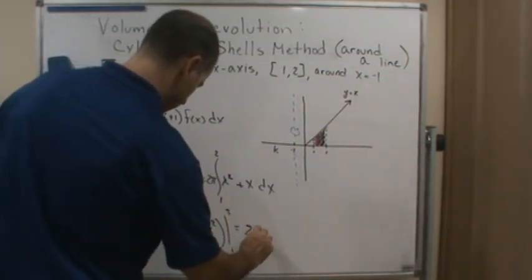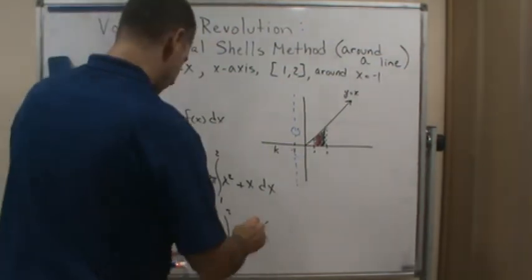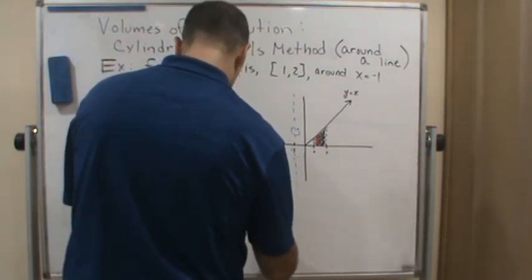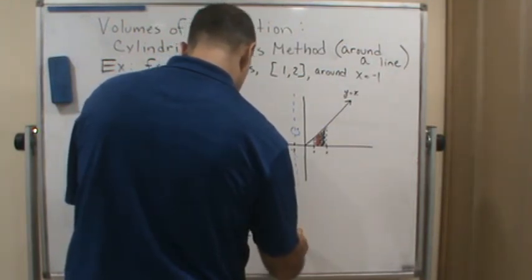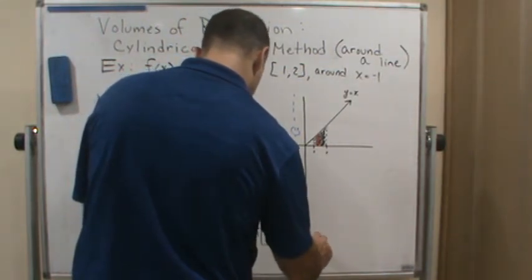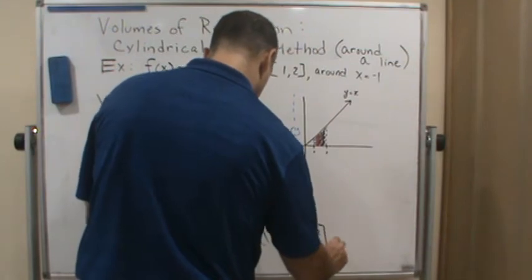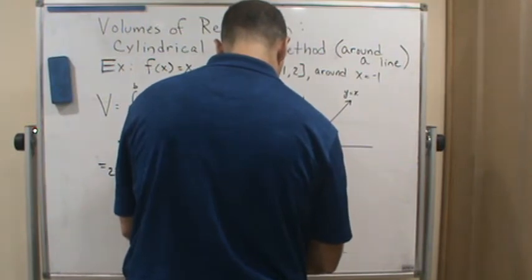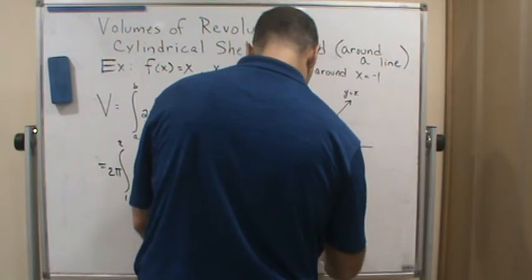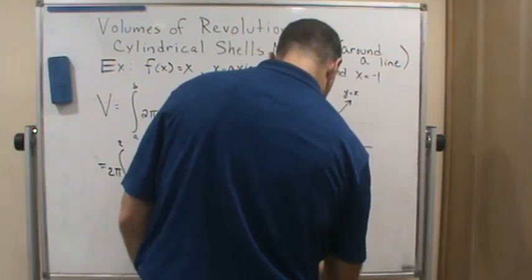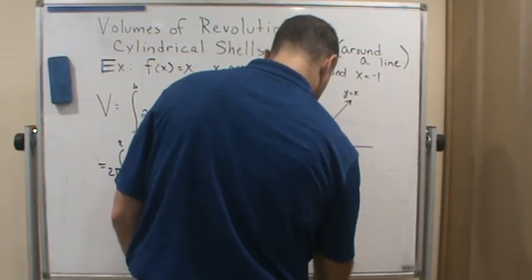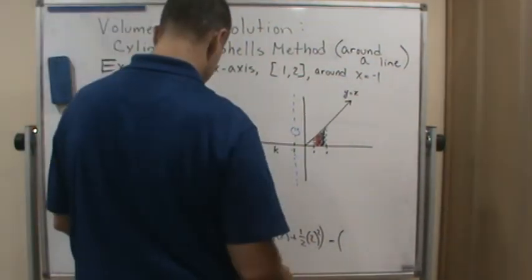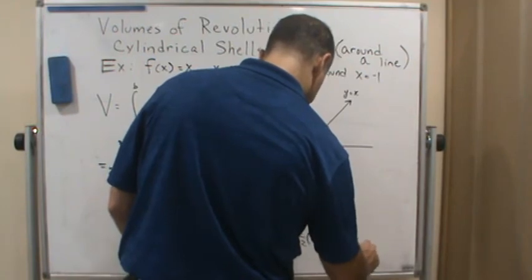And of course this is going to be 2 pi times 1/3 times 2 cubed plus 1/2 times 2 squared, minus the same thing evaluated at 1.